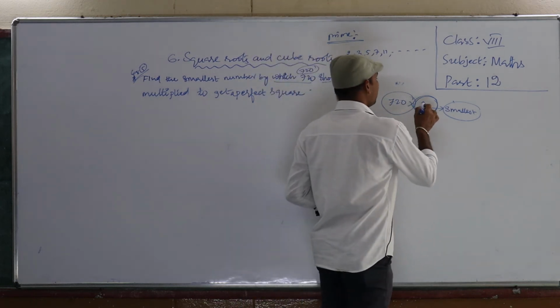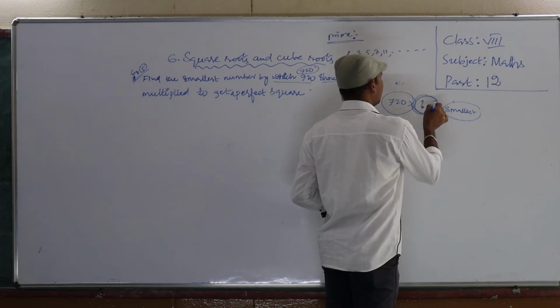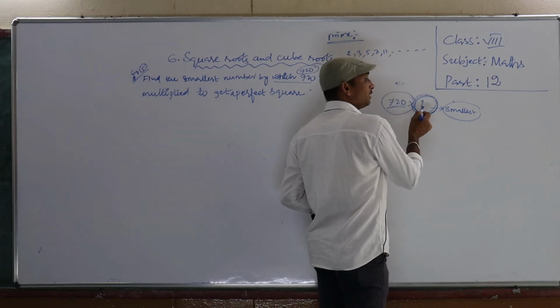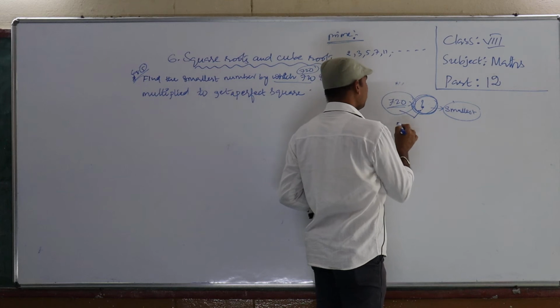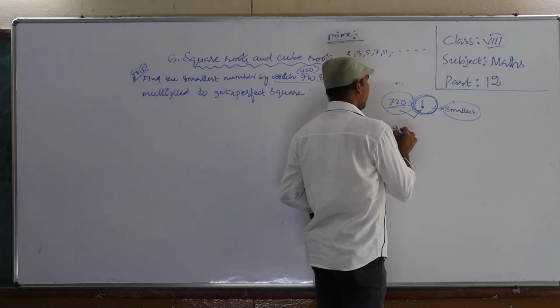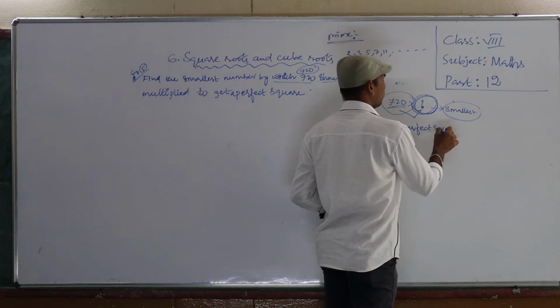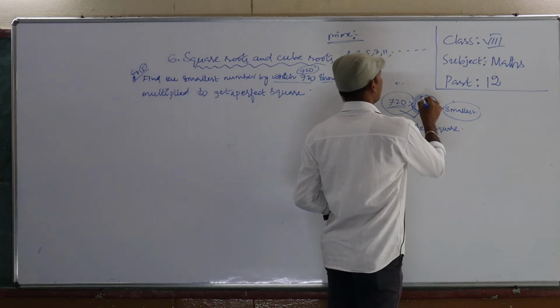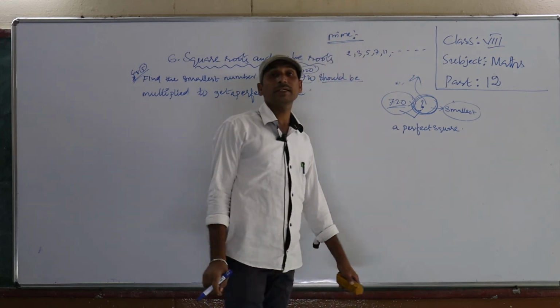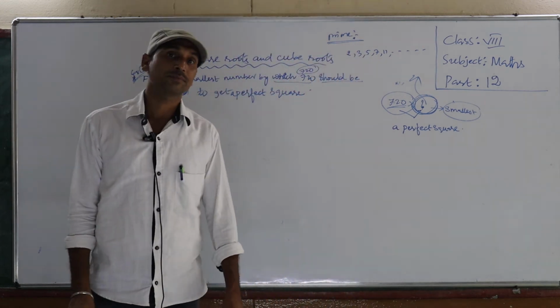Means if you take a number and multiply 720 with this, then this 720 will become a perfect square. Then what is the multiplied number? That we should find out.